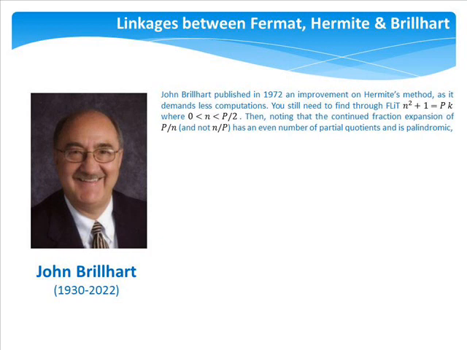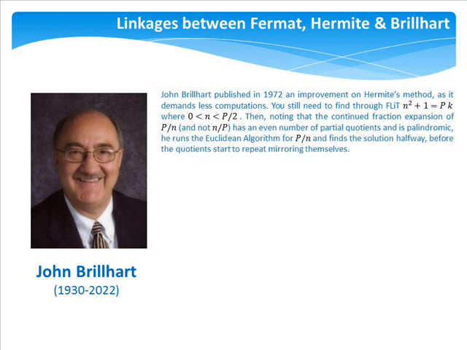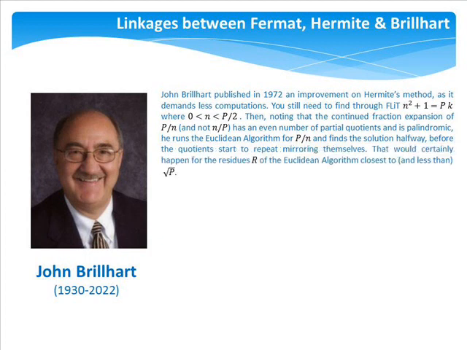Then, noting that the continued fraction expansion of p over n, and not n over p as in Hermite's method, has an even number of partial quotients and is palindromic, Brillhart runs the Euclidean algorithm for p over n and finds the solution halfway, before the quotients start to repeat, mirroring themselves. That would certainly happen for the residues r of the Euclidean algorithm closest to and less than the square root of p.